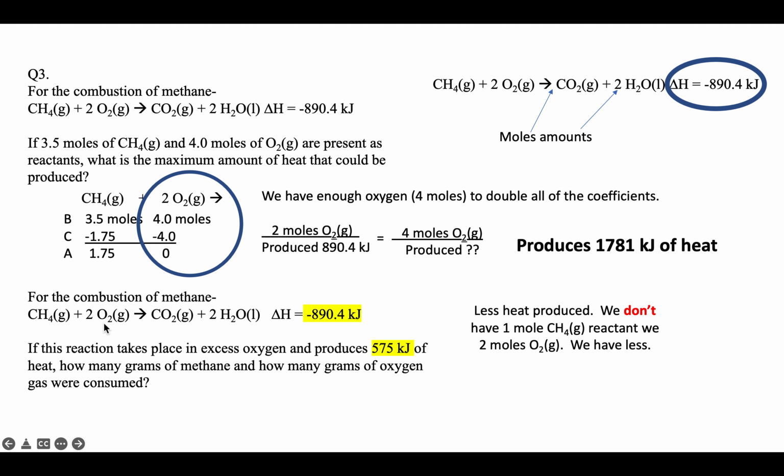Less of that reacted. How much less? Well, if I set it up as a simple ratio, it's about 65%. So 1 mole of methane, given that ratio, would be 0.646 moles of methane. That's what it would be proportionally if I was going to produce the 575 kilojoules.